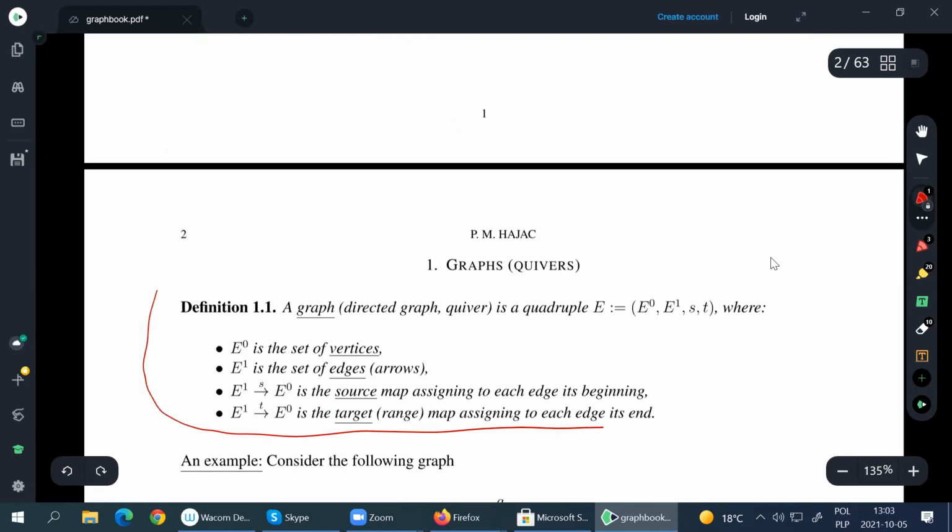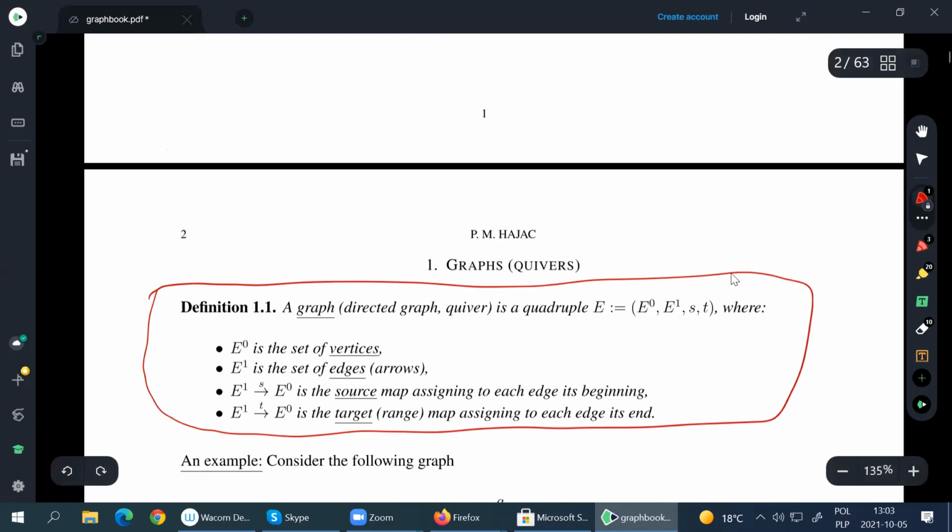So first, you must know what I mean by a graph. And that's what I mean by a graph. So I have a quadruple. I have E0, which is the set of vertices. I have E1, which is the set of edges or arrows. And I have one map from E1 to E0, which is called the source map. So to every arrow, it associates its beginning.